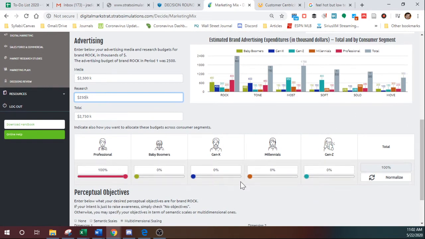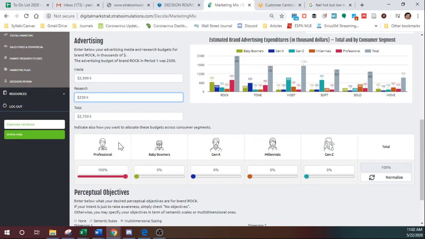Okay, down here is where you specify your targeting. Who are your target segments? How are you going to focus your time? Generally, it's a good idea to be very focused and maybe even fully focused on one particular segment. It's really up to you, but it's something that we tend to recommend.